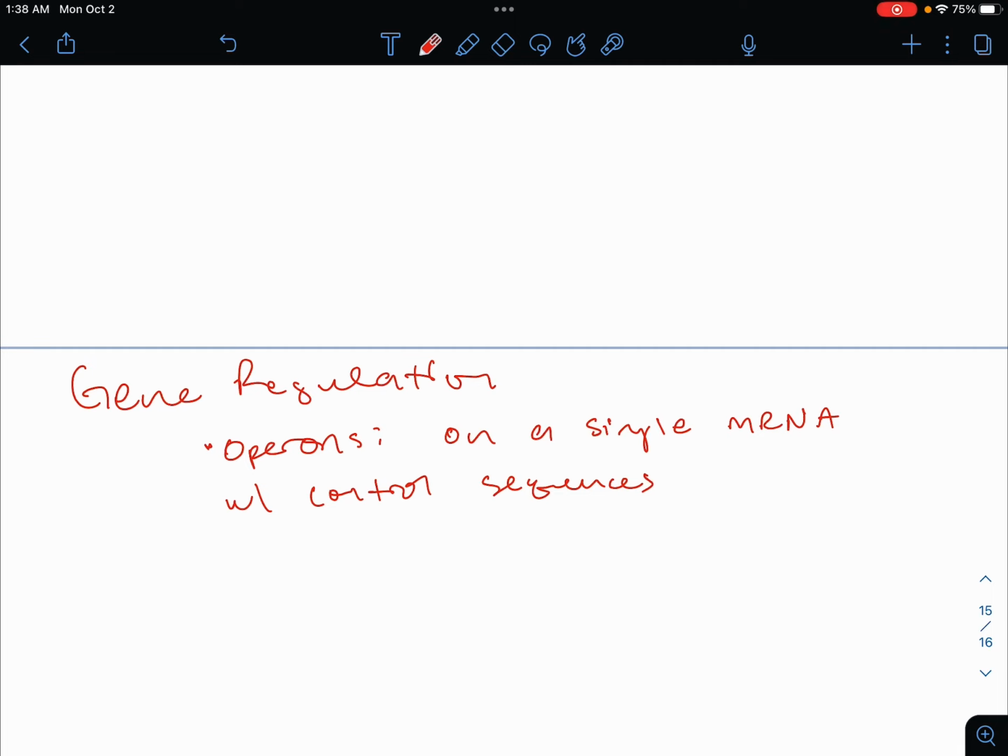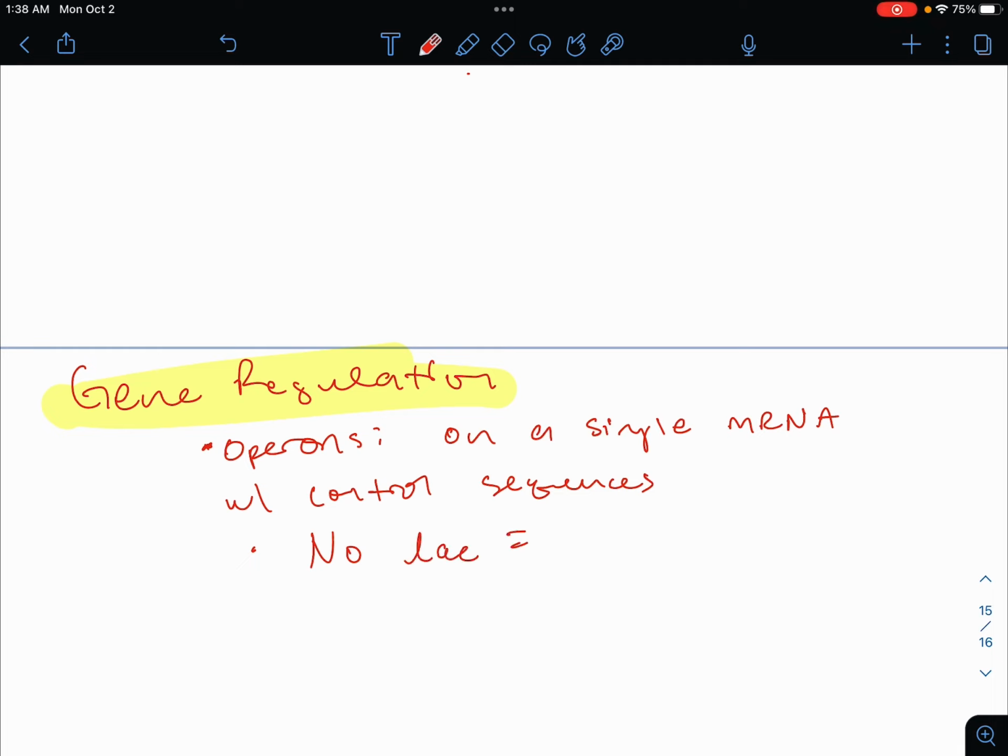So an example would be the lac operon, of course, and we're going to go into that deeply soon, but in general, if there's no lac, let me rewrite the words.